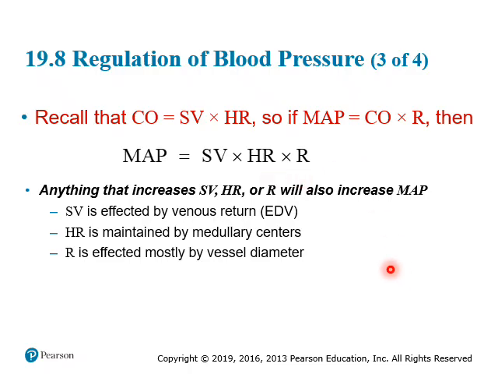This means only one thing. Anything that increases the stroke volume, heart rate, or the resistance will also increase the mean arterial pressure. Your stroke volume is affected by the end diastolic volume, heart rate is maintained by the medullary centers in the brain, and resistance is affected mostly by vessel diameter.